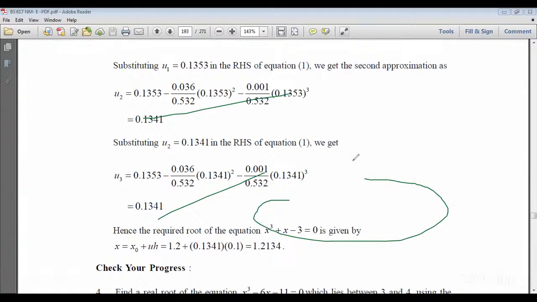So this value of x is 1.2 plus 0.1341 times 0.1, that is 1.21341.